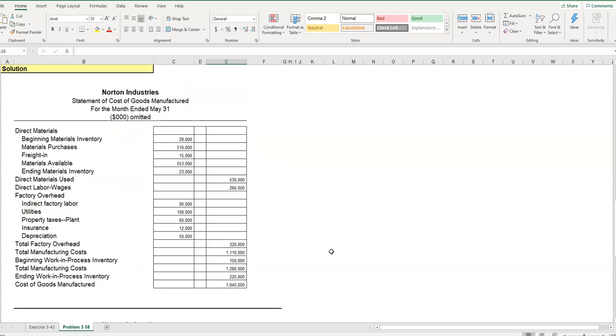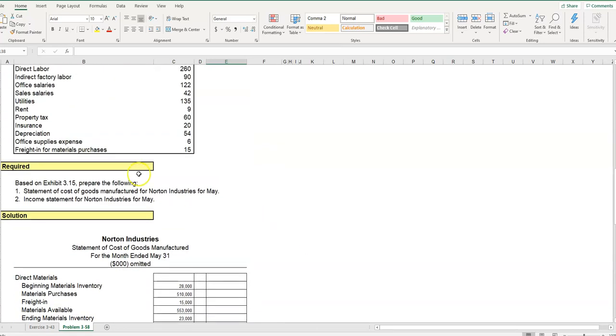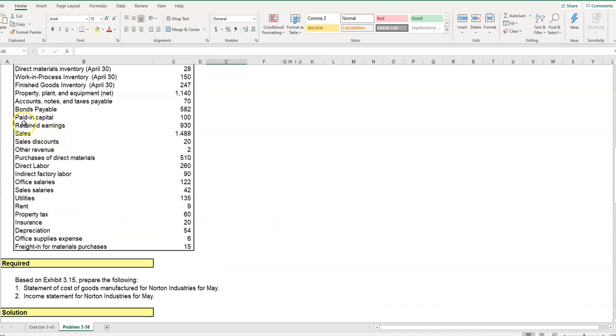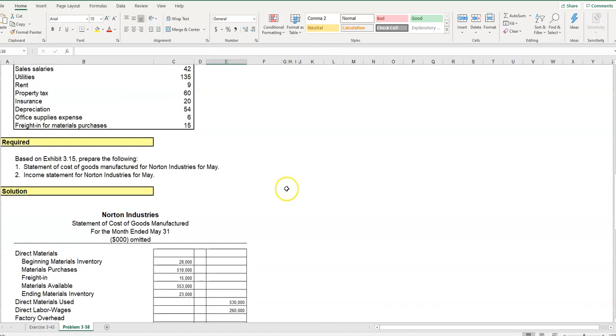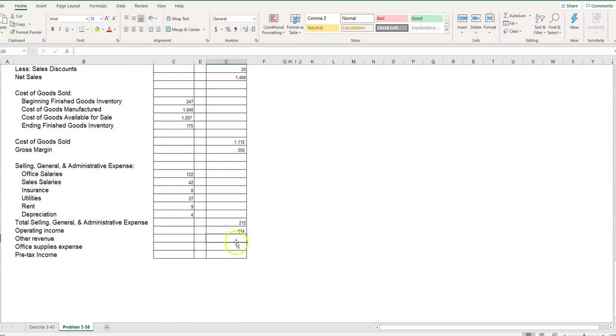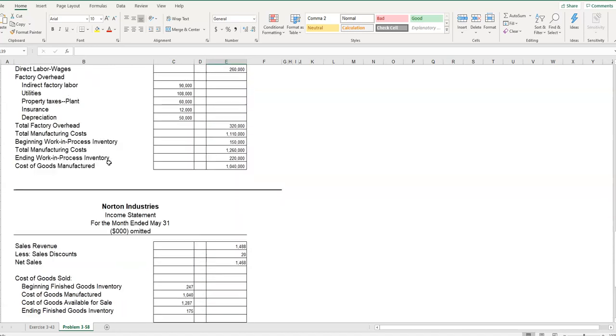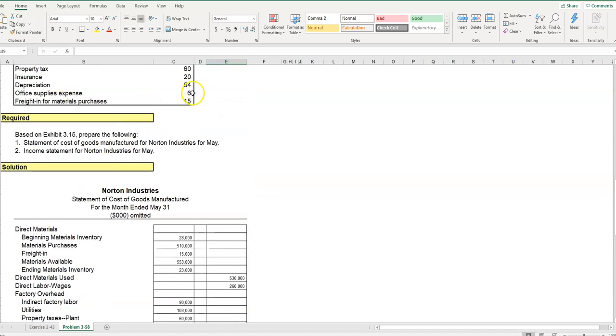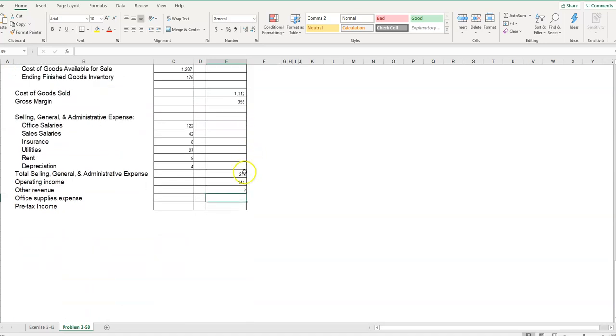So we're going to find our other revenue, which we're going to add $2,000, and then office supplies expense of $6,000. So if we add our operating income to other income and then subtract the office supplies expense, we get pre-tax income of $140,000.